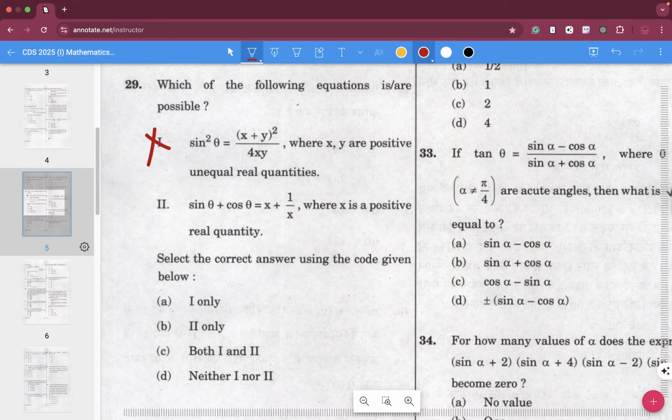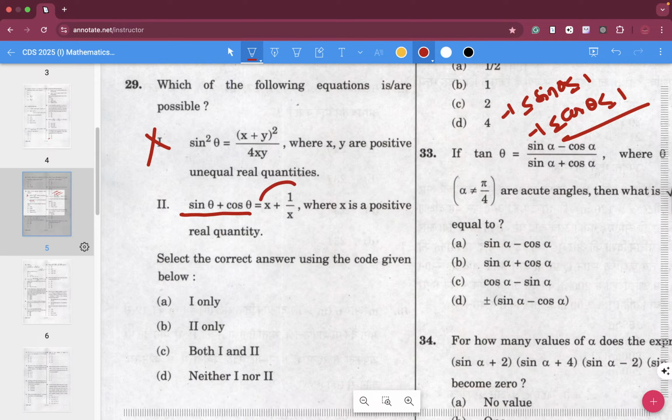Now sin theta plus cos theta is equal to x plus 1 by x. The sin theta value can lie between 1 to minus 1, and cos theta value can also lie between minus 1 to 1. This fact is known to us.